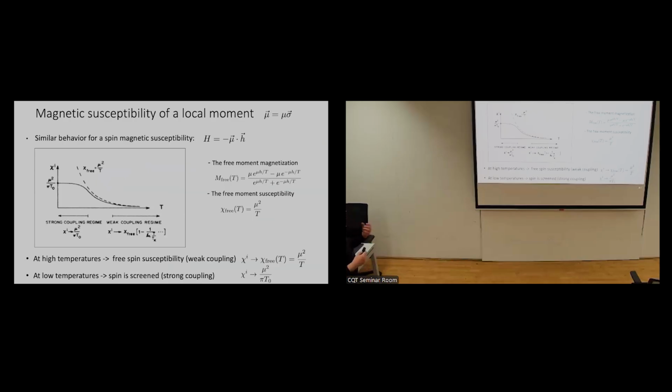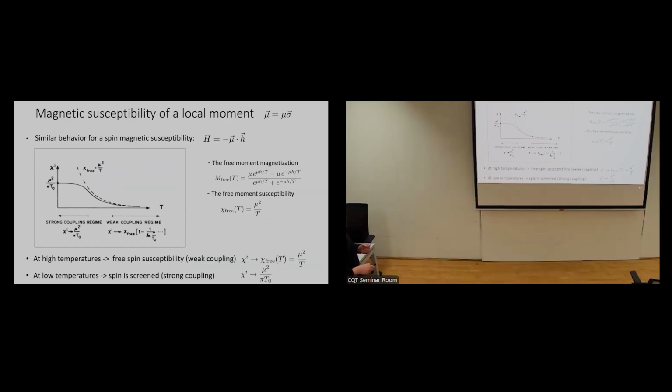But you do the calculation and you calculate what happens if this spin now interacts with the gas of electrons around it. And you see something very interesting. Instead of the susceptibility diverging at 0 temperature, it goes to a finite value. So notice, at high temperature, the interacting system converges to the free system.